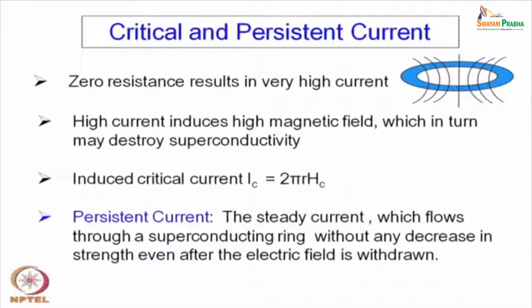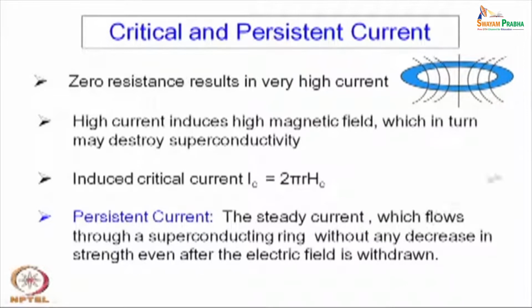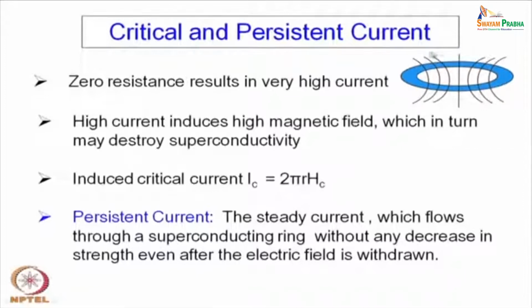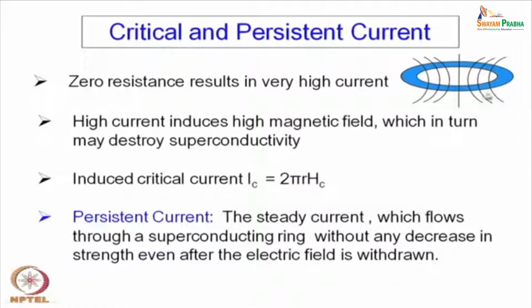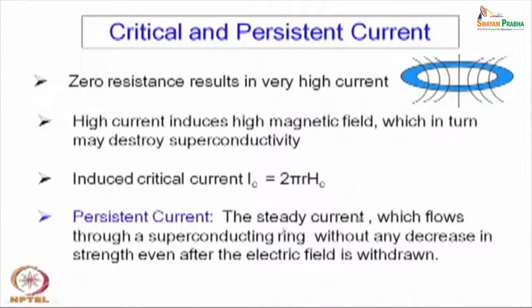The induced critical current is given if you have a coil of superconductor. Once you apply an electric field and a current sets in, that current will continue to be there even in the absence of the electric field. Even after the withdrawal of the electric field, you can have a current flowing once it is induced in a superconducting coil of this nature. This is what we call the persistent current, the steady current which flows through the superconducting ring.